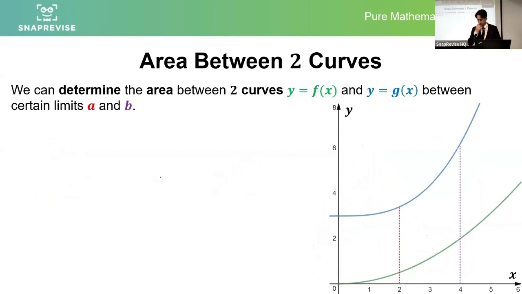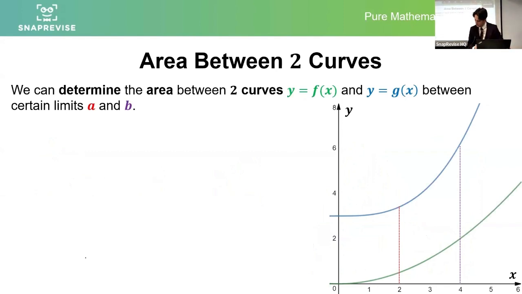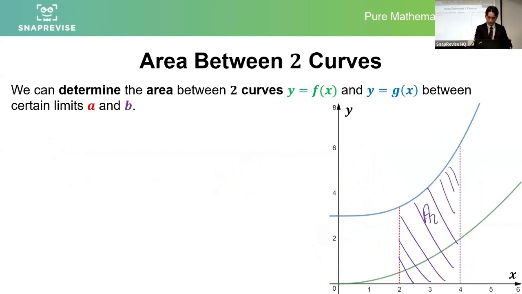Because what happens is, if, for example, this is between 4 and 2, how can I color code this? If I say area 2 is this one, and I say that's the top function g of x integrated. So area 2 is the integral between 4 and 2 of g(x) with respect to x.